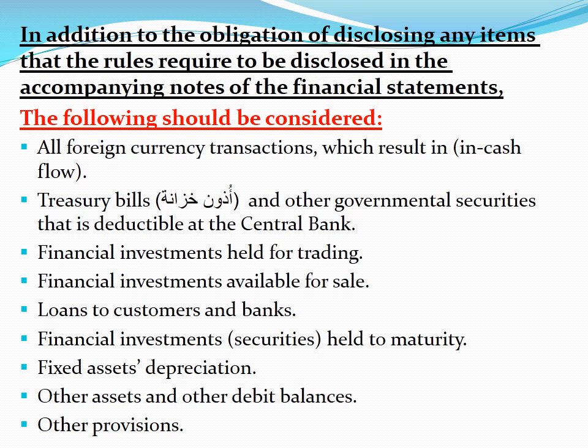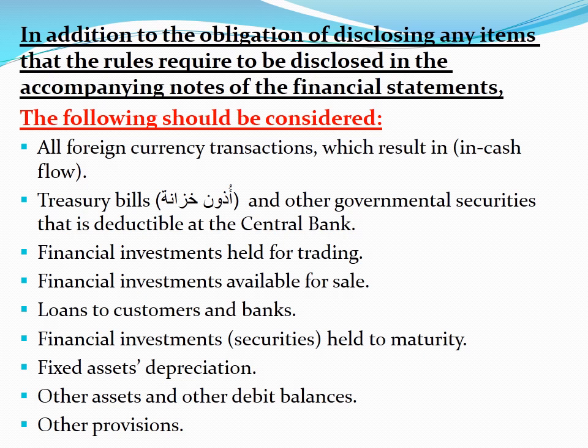Financial investments held for trading, financial investments available for sale, financial investments or securities held to maturity, loans to customers and loans to banks, fixed assets depreciation and accumulated depreciation, other assets and other debit balances, as well as other liabilities and other credit balances that result from the adjustments, then other provisions.